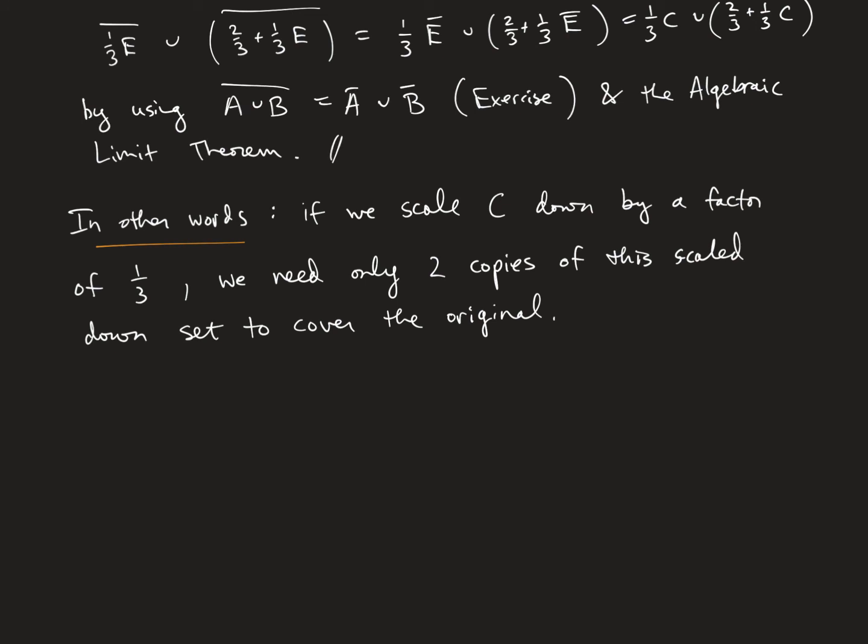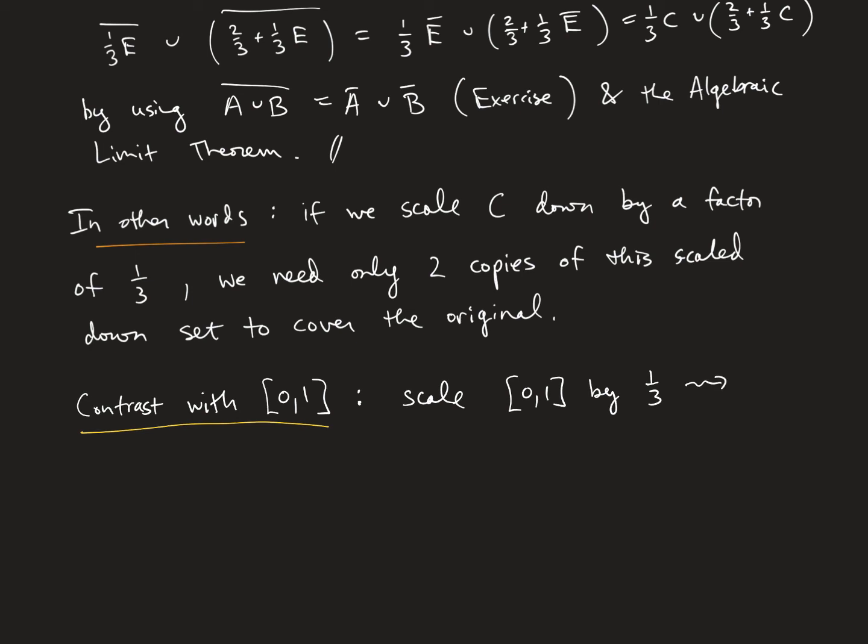So contrast this with an interval. If you take an interval, so you scale 0, 1 by 1/3, then what you get is 0, 1/3, and we need 3 copies of that to get the original 0, 1 back.